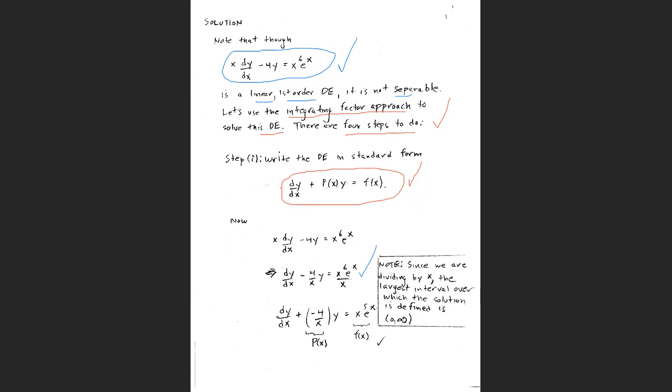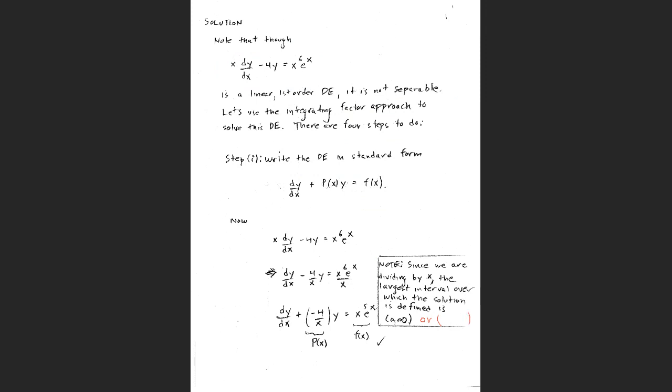But immediately I'm going to note that since we are dividing by x, the largest interval over which a solution would be defined would be 0 to infinity. Now, another option I will mention, and it really does depend on the initial condition, you could also have, what's another possible largest interval that you could have?